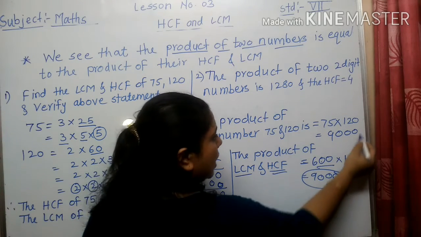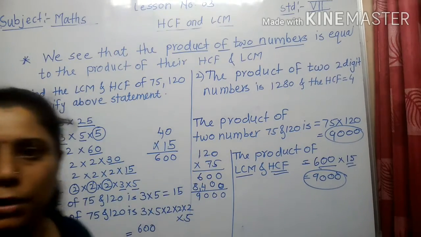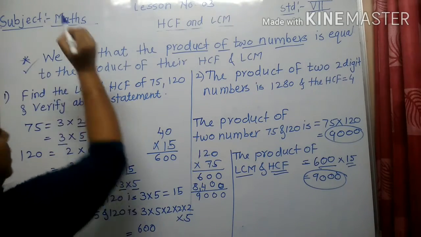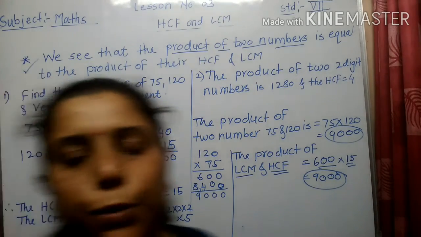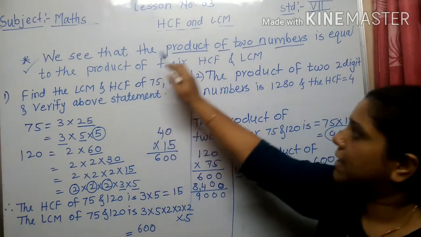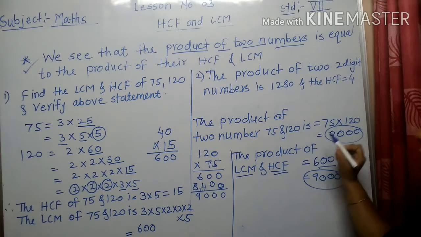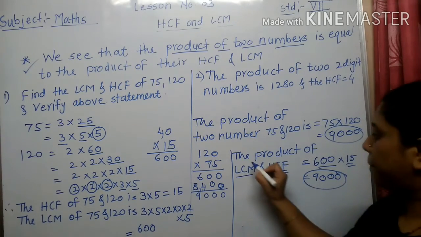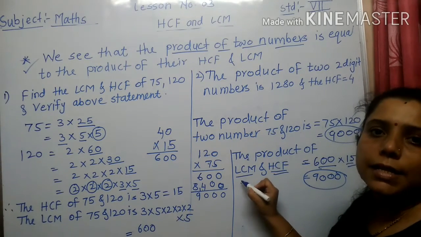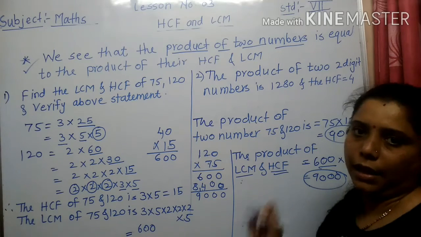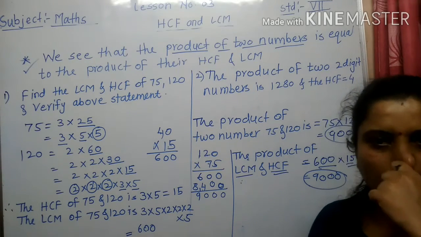See, this answer and this answer are the same. Can we verify this statement? Yes. You can see that the product of the two numbers is equal to the product of their LCM and HCF. Understood?